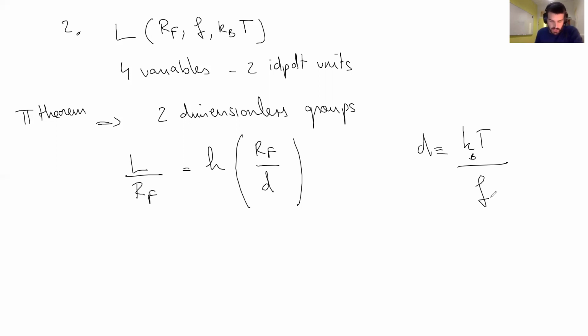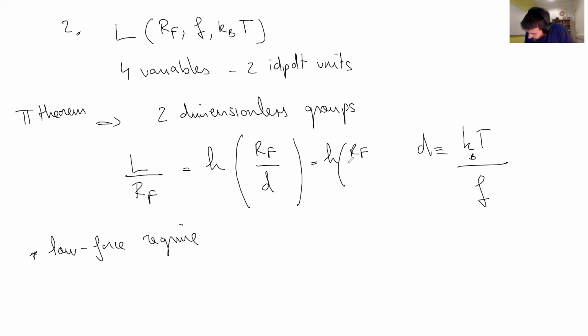And the question now is to look at the low force limit, the low force regime. So low force means H is a function of RF over D, where D is KBT over F. So the low force limit is when F goes to 0, when the argument here is vanishing, going to 0.